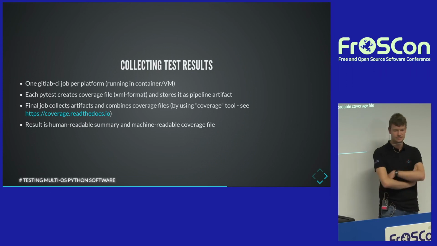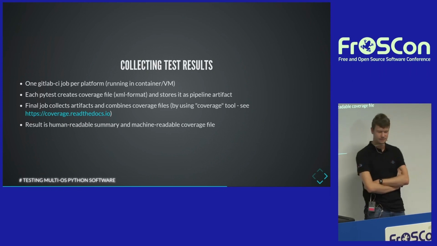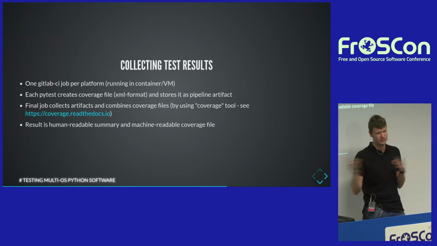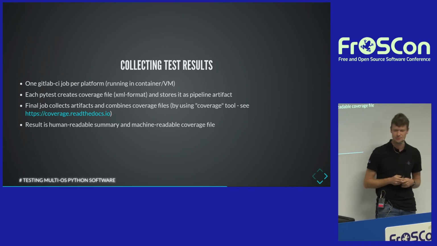And you can use gitlab-ci for that, basically defining a job for each target platform. What it does is it ships your changes to the dedicated machine or container, and then it executes pytest there within that specific environment, and creates results in the machine-readable format, stores it as a pipeline artifact.